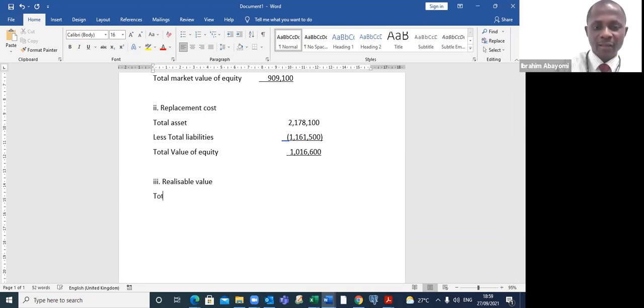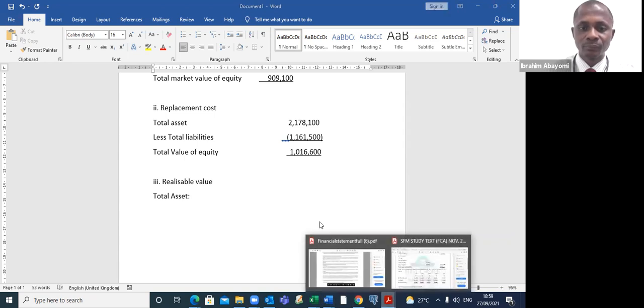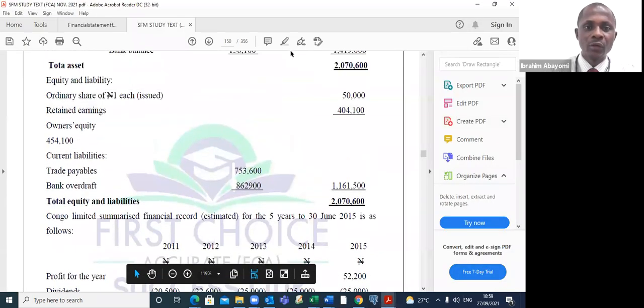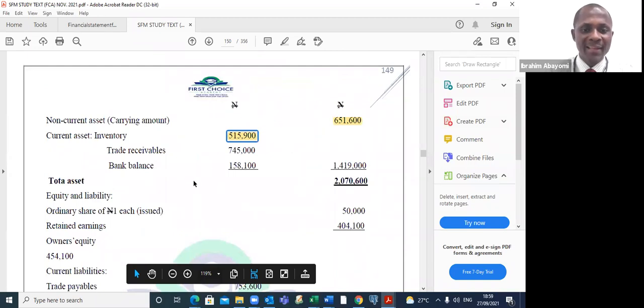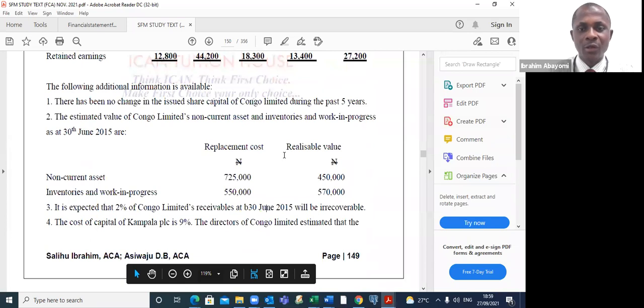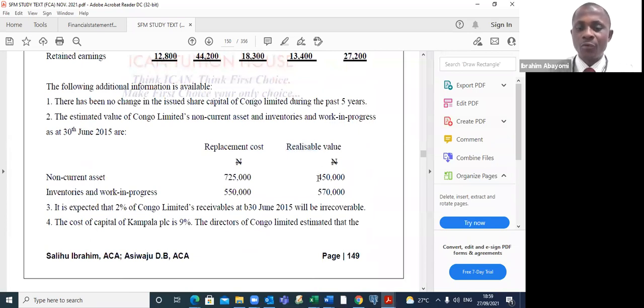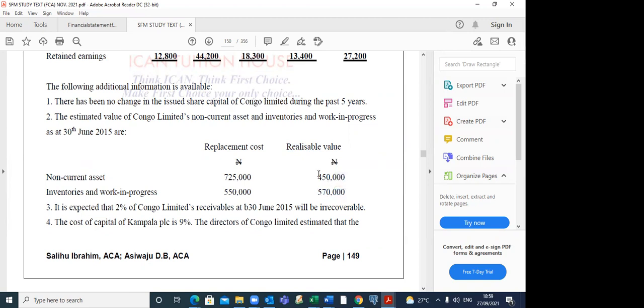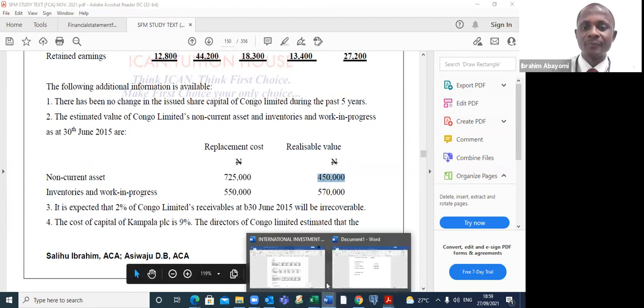So let's get our total assets. We are given realizable value for what? For non-current asset and inventory, right? Are we there? Yes, sir. 450, 570. So you pick it.